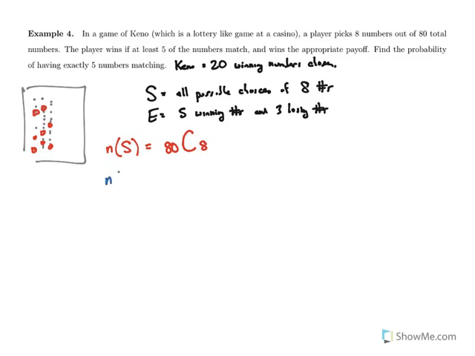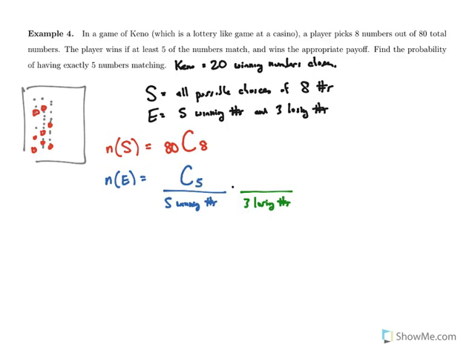For E, we're going to break it up into 2 parts. We have our 5 winning numbers and we have our 3 losing numbers. We're going to multiply those together. So the ways to get 5 winning numbers, we're going to choose 5 things.